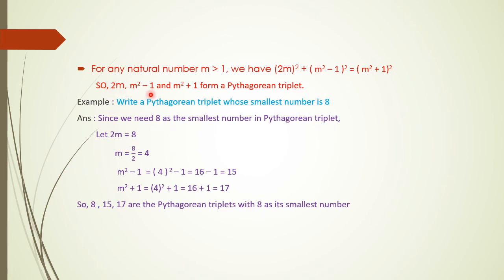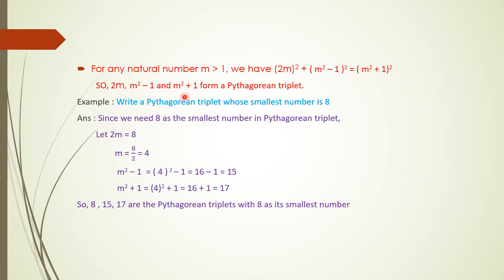Okay, and then next number is m square minus 1. So we have to find it. m square minus 1 is equal to, what is our m? Our m is 4. So m square minus 1 is equal to 4 square minus 1. And you know 4 square is 16. 16 minus 1 is equal to 15.